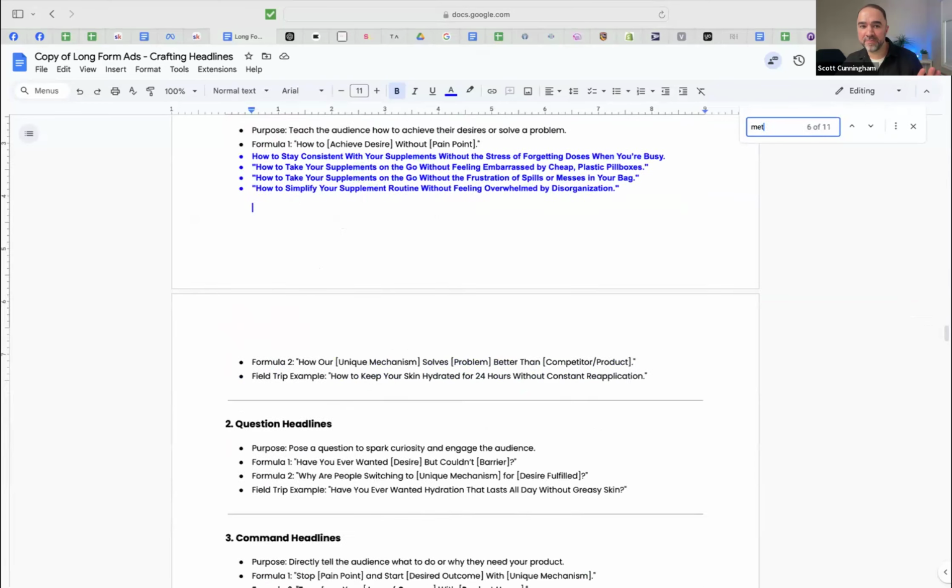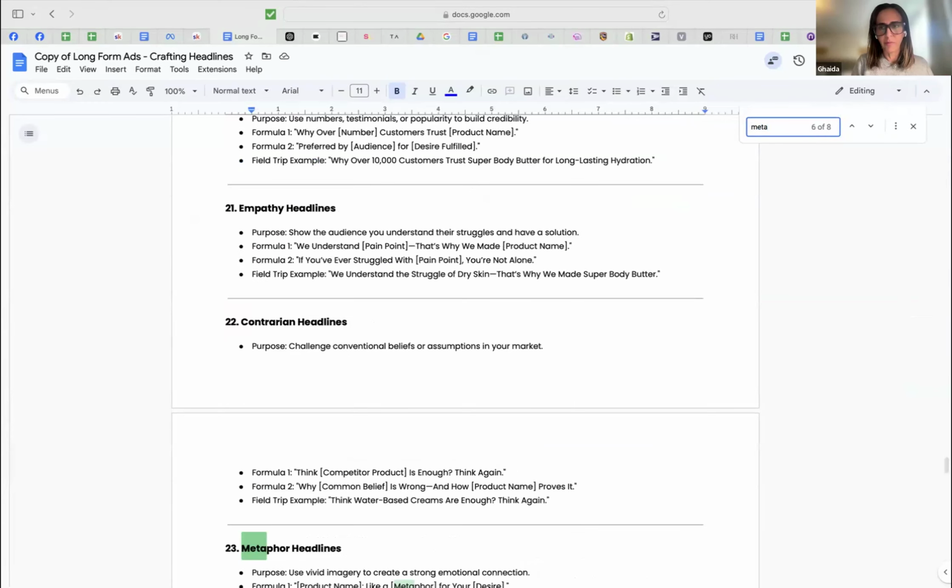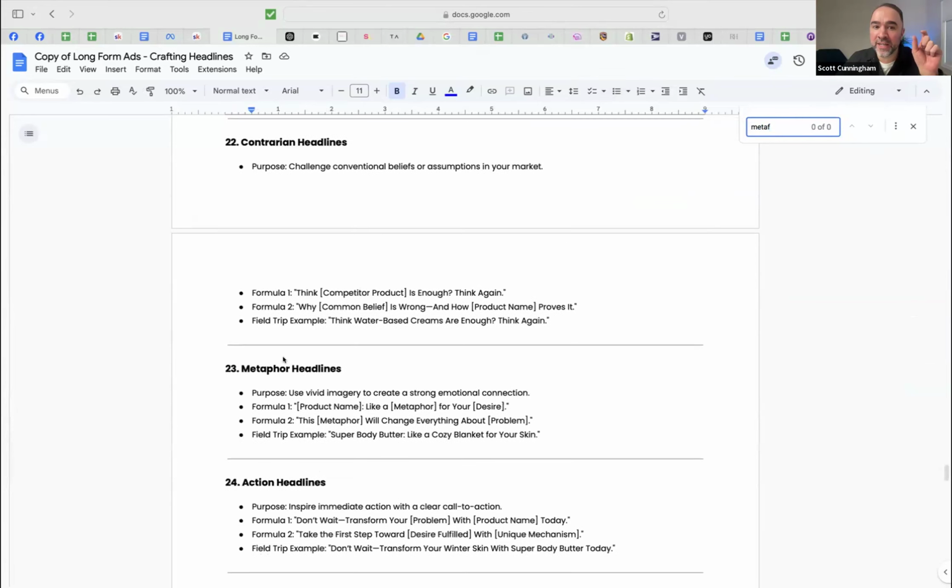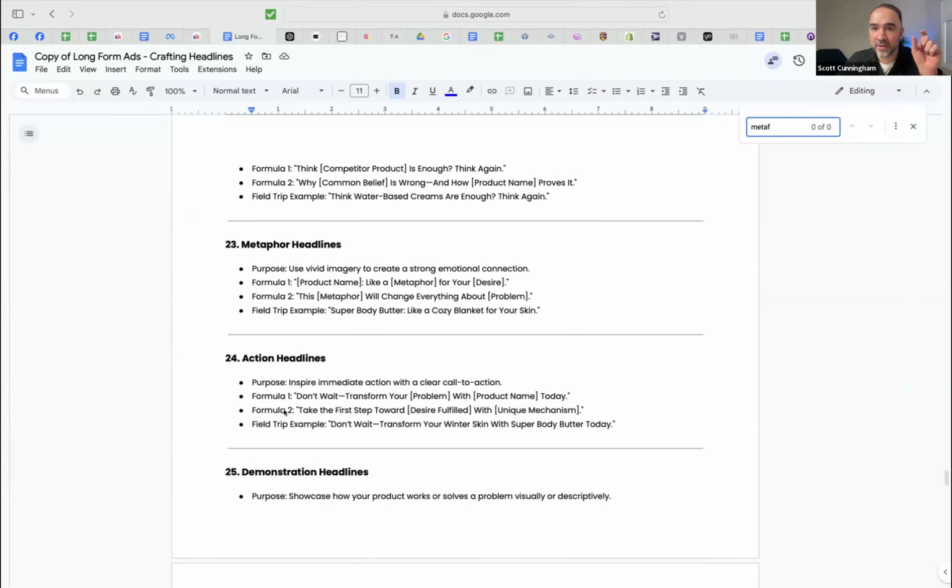I think what you're missing is, here's some metaphor, because Apple's a metaphor. Let's look at these metaphor headlines. I think what you're missing is the benefit and the desire. I like the Apple part. It's missing what it does for the customer.